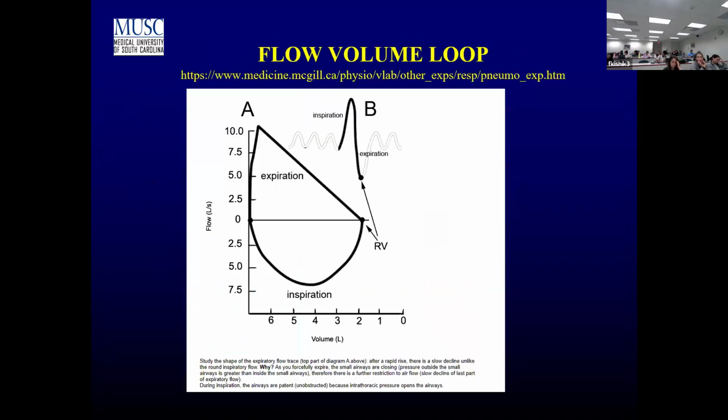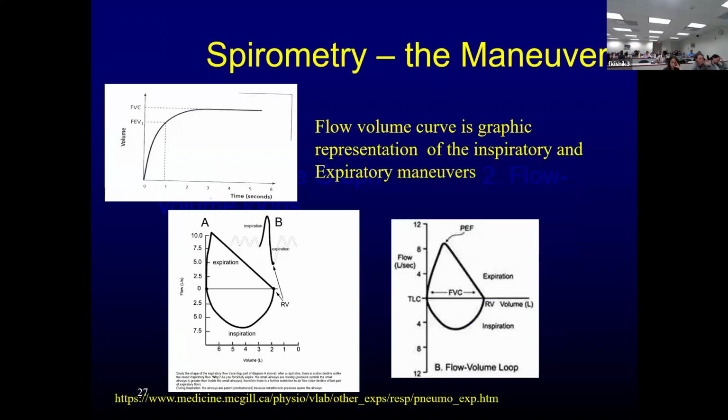All right, a few more things about spirometry. I showed you the time volume curve, which has time on this side and volume, and how we can look at the FVC and FEV1. Generally, nowadays we look at a flow volume curve. Flow is on the y-axis, volume is now on the x-axis.